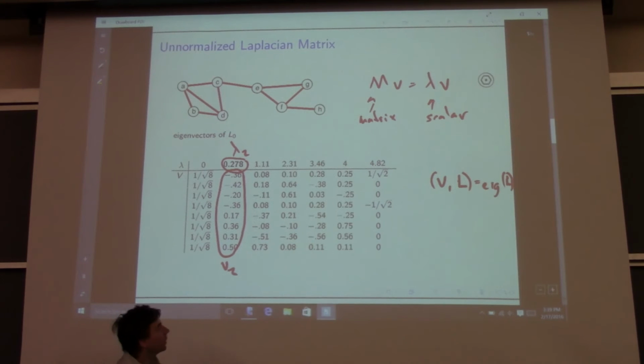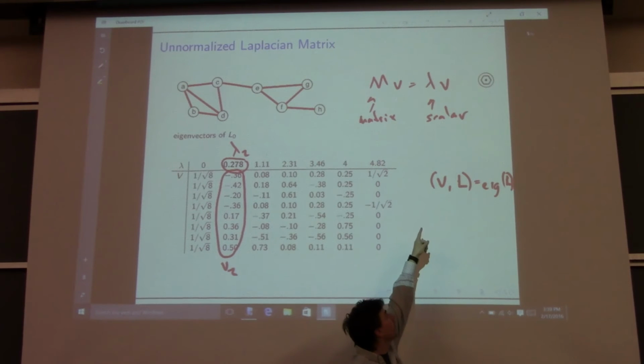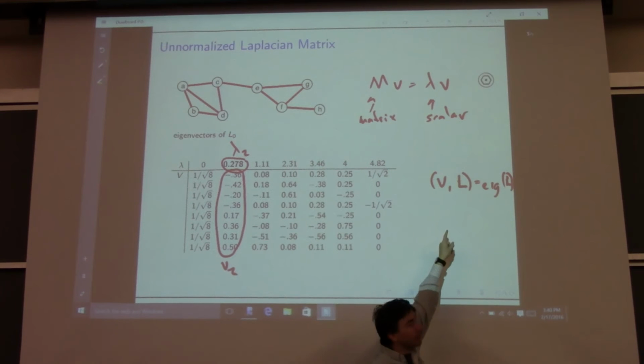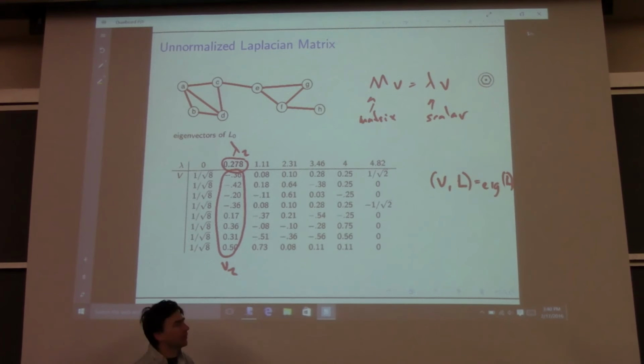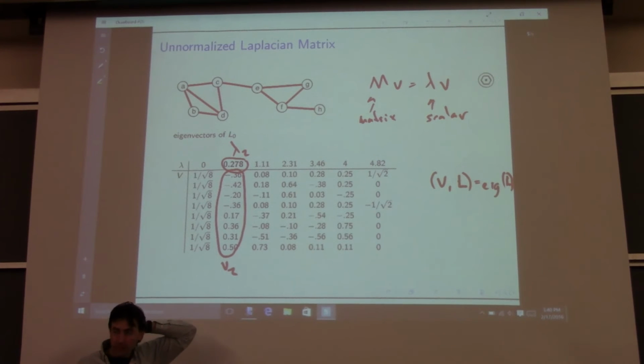For a matrix L, you call this EIG function, and you can return a matrix V where the columns are shown here, and the eigenvalues in L, which I think is going to be a diagonal matrix with the eigenvalues on the diagonal. So you can just call this in MATLAB. This is a very well optimized thing. So we just need to call this and we get back this data, these eigenvectors and these eigenvalues.